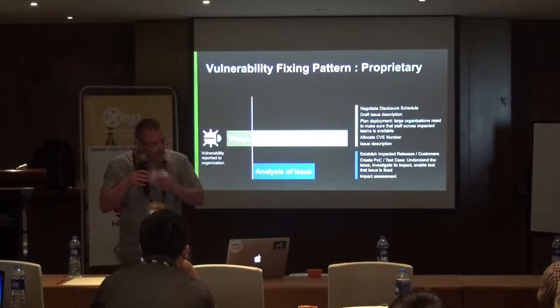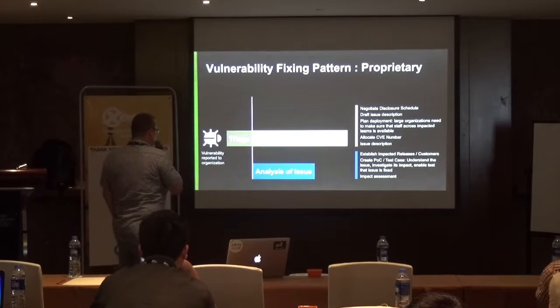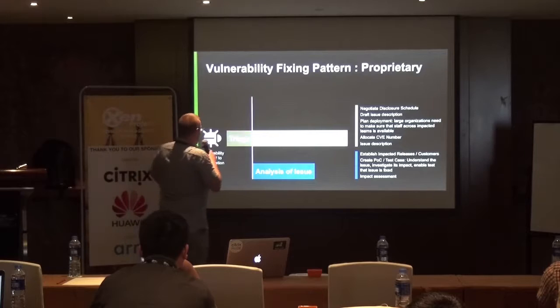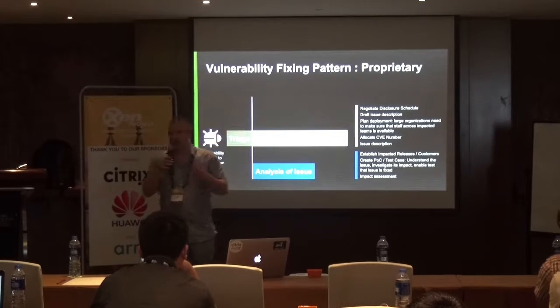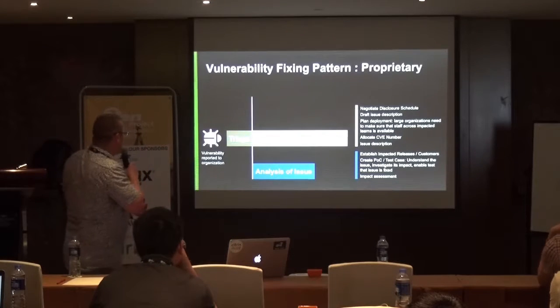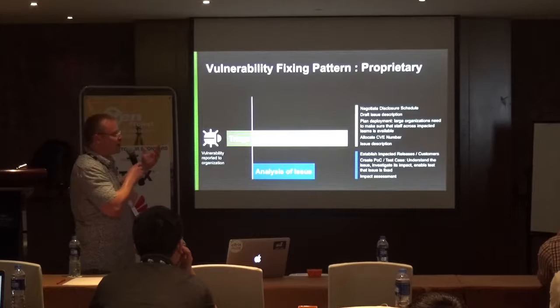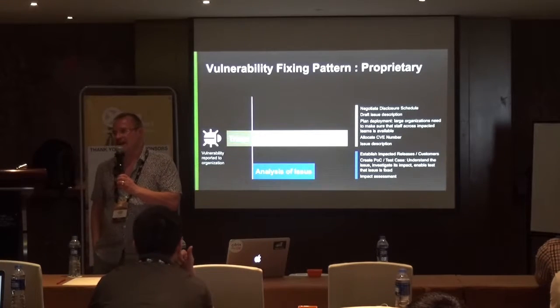Then there's a whole set of organizational work which is happening. One of the things which typically happens at the beginning of this process, if you have a discoverer of an issue, is that you will try to negotiate how much time you have.